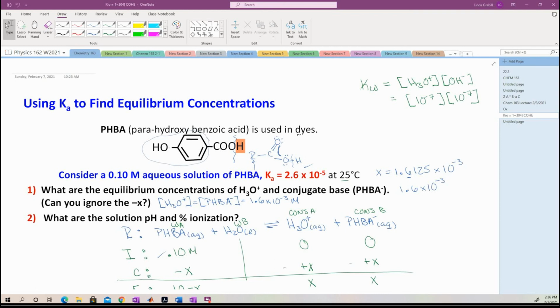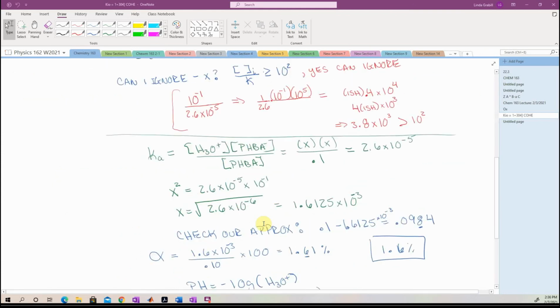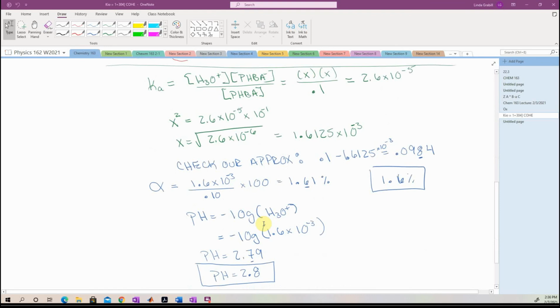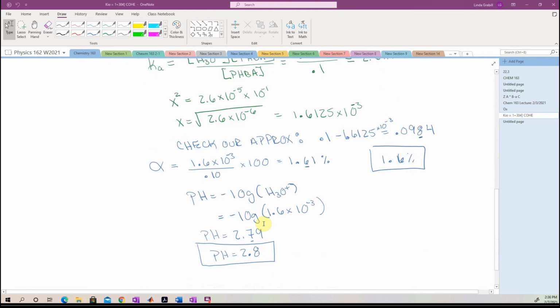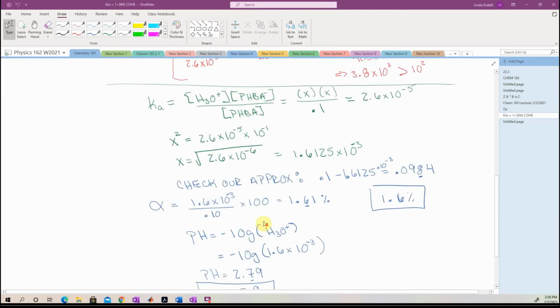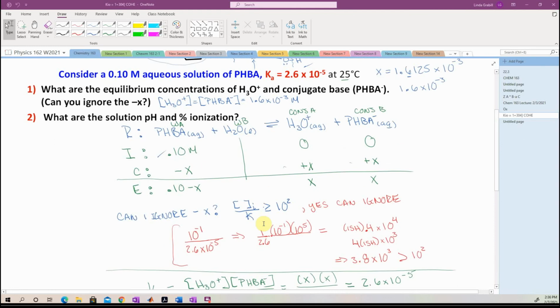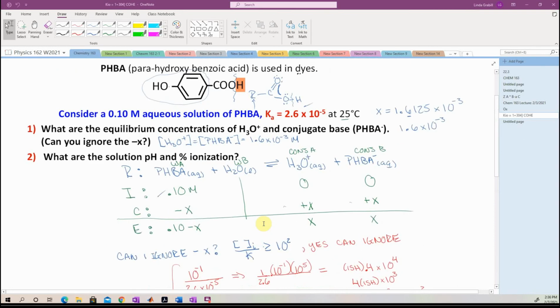So before I move on to our second example, it dawned on me after I stopped recording that the one thing I didn't do is go back and say, can we indeed ignore the hydronium concentration from the previous example? And what did we come up with? We came up with a hydronium concentration of X, which is 1.6 times 10 to the negative 3.